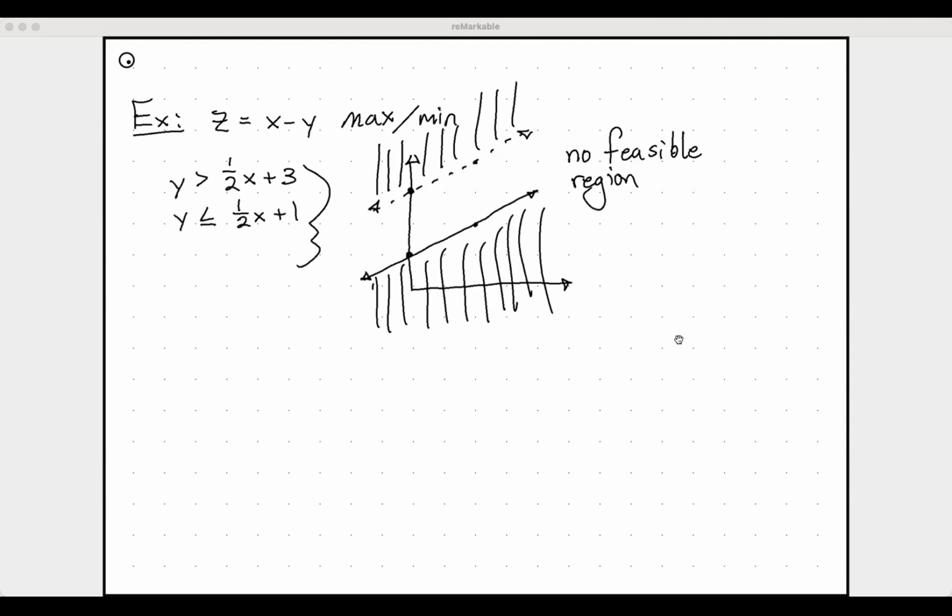So any x and y value that I pick either satisfies neither inequality, something like in the middle here, or it satisfies the top inequality, or it satisfies the bottom inequality, but there's no way I can satisfy both of these inequalities at once. So there's no feasible region, which means there's no min or max, right? Because I can't find any x and y coordinates to actually choose or pick. So there's no min or max in this example.